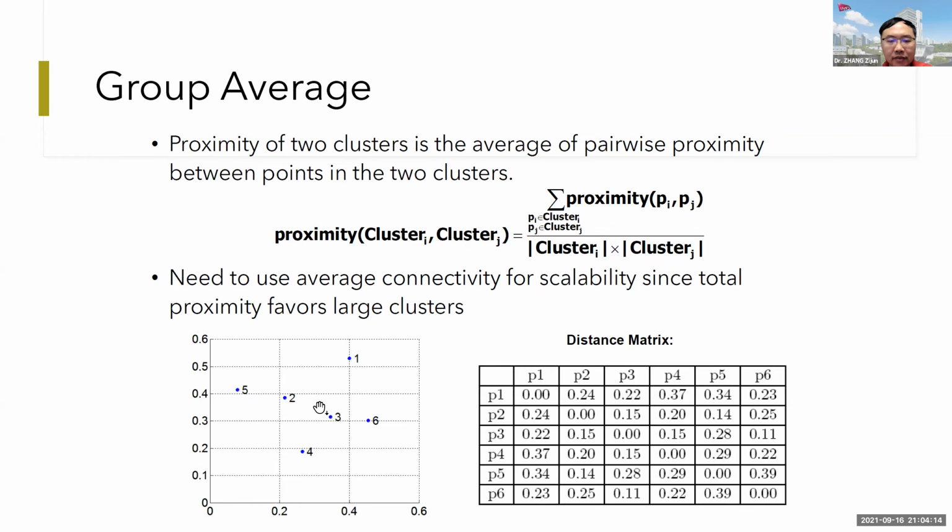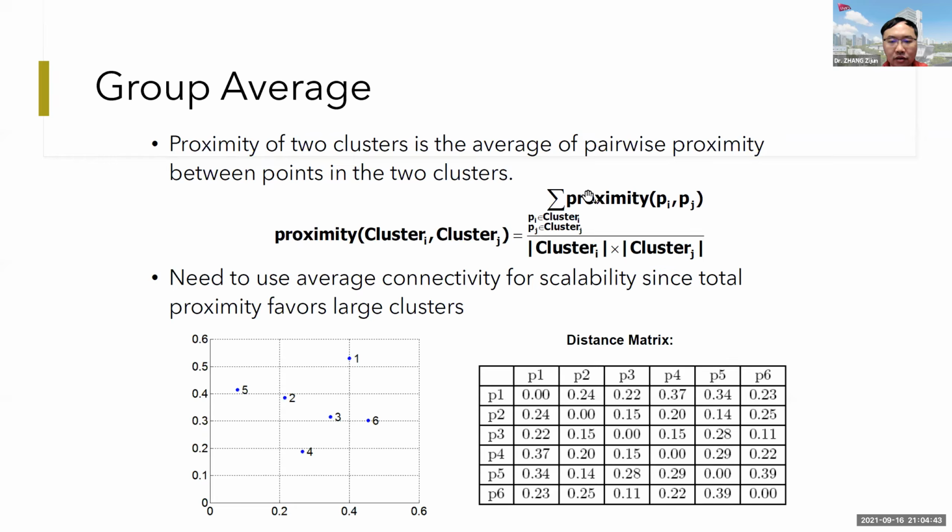Okay, so that means you select the proximity of all the data points in two clusters. You consider all combinations, then take all of them and divide by the total number of combinations: the number of data points in one cluster times the number of data points in another cluster.